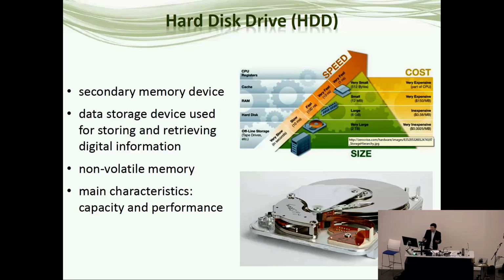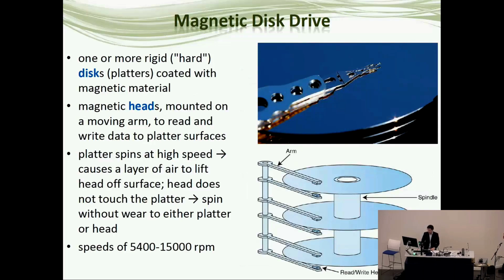So typically secondary memory, again, is used for storing and retrieving digital information. This time it is non-volatile. You can turn these devices off and the data is still there. And they're characterized by capacity and performance rather than the raw speed that we find in the RAM levels.